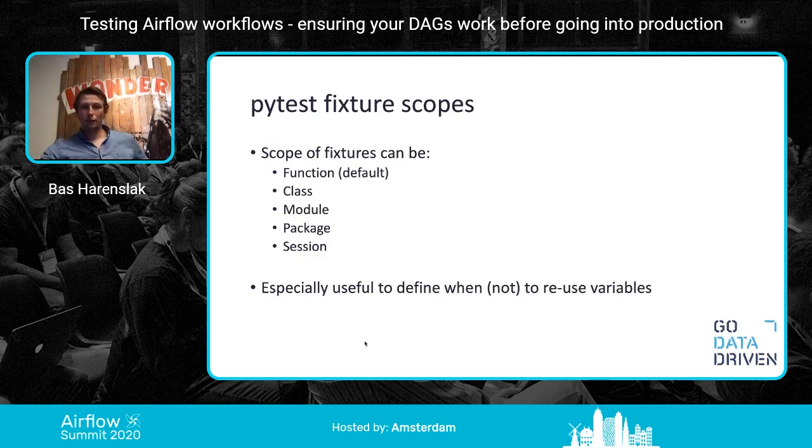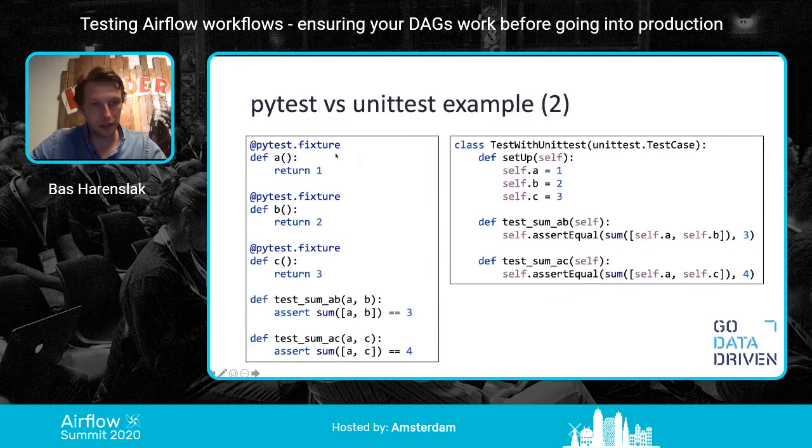So these Python fixtures can have a certain scope, and I think this is one of the strong points of Pytest fixtures. By default, they have the function scope. So if we go back to the previous slide, every fixture here will instantiate only once per function.